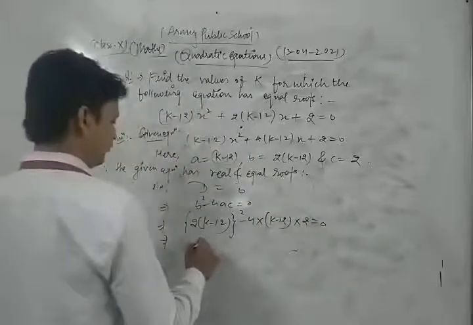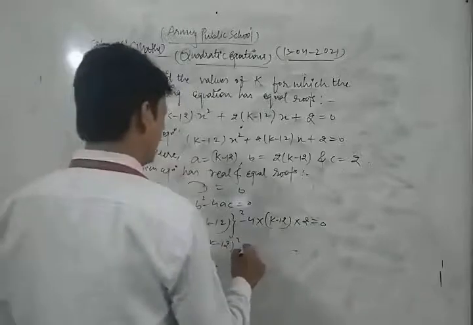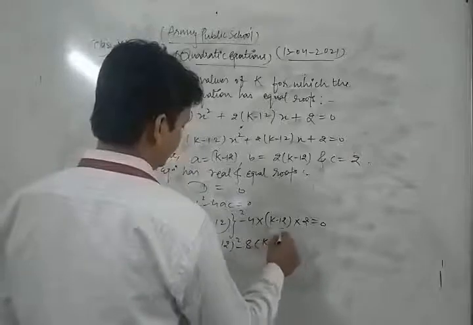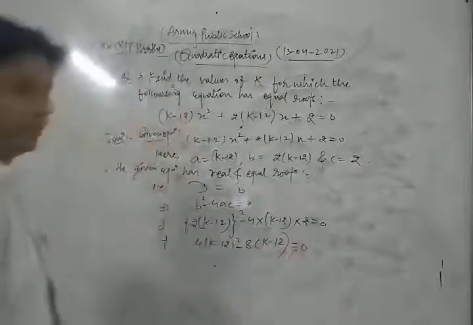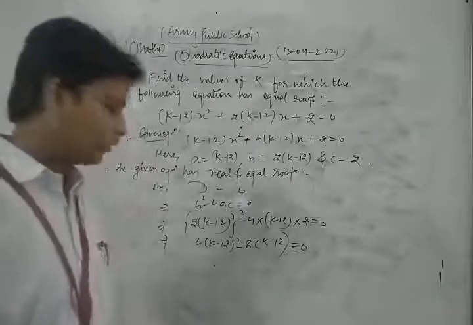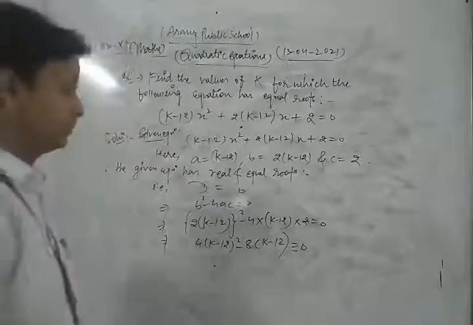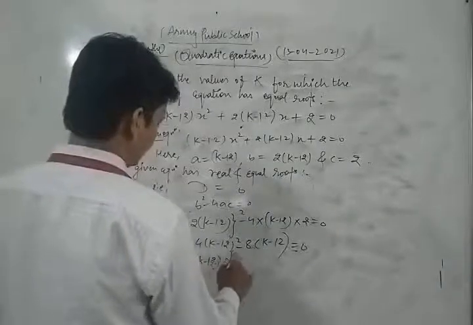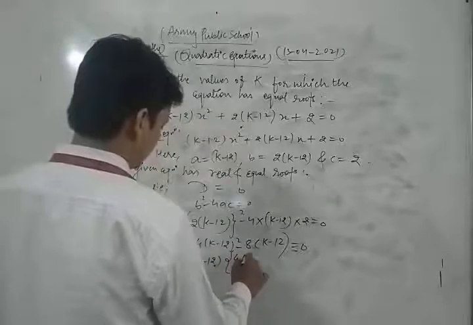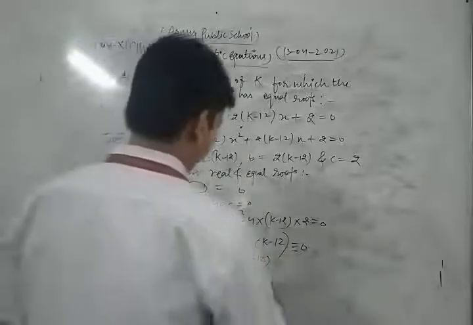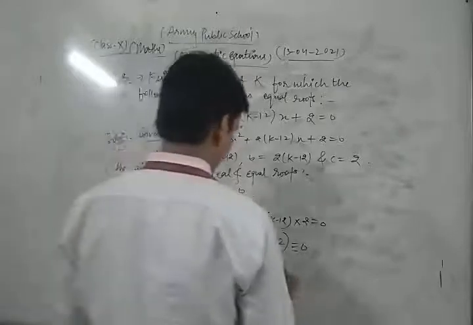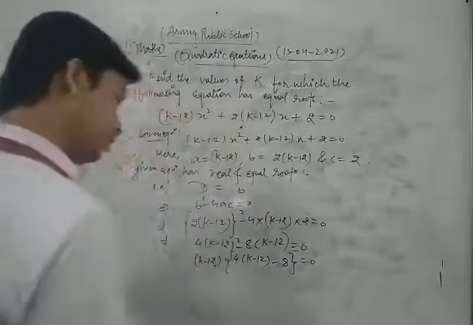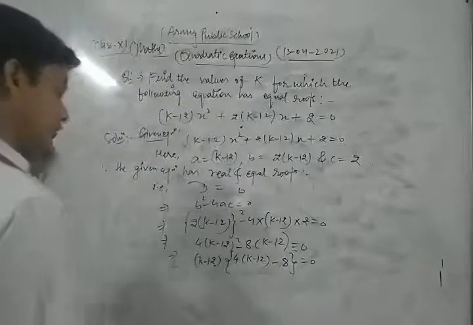So we get 4 into (k minus 12) whole square minus 8 into (k minus 12) is equal to 0. Okay dear students, now from here we take (k minus 12) as common. So we get 4 into (k minus 12) minus 8 is equal to 0.